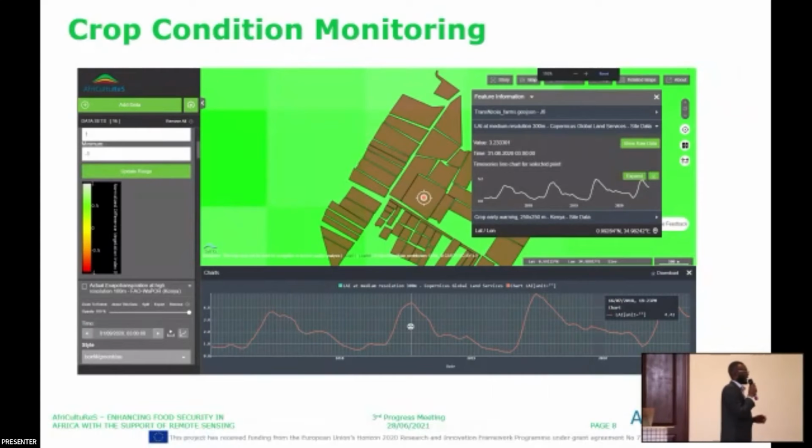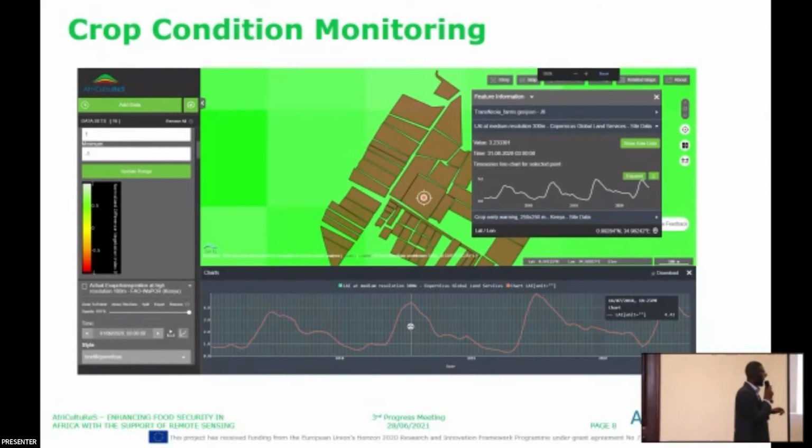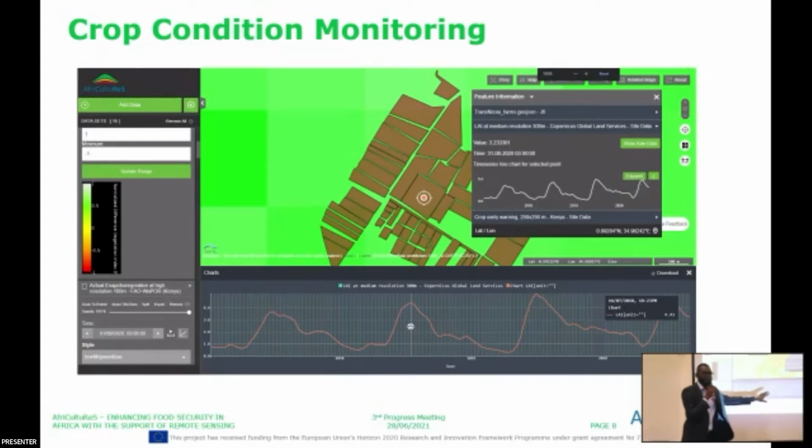So the second part is the time series, and we can actually deduce a lot from this. I'm going to look at it from 3 points. We are looking at farmer advisory. If you look at the time series data, you can easily tell, from the graphs and the peaks that you see, what we call crop phenology.